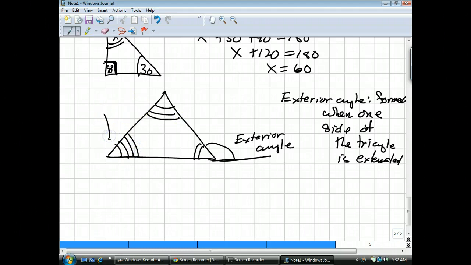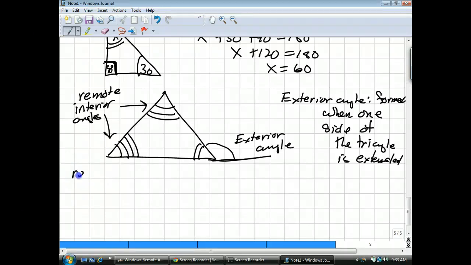These two angles are called remote interior angles. Okay, and that's in relation to the exterior angle. Okay, so the remote interior angles are angles inside the triangle that are not adjacent to the exterior angle.